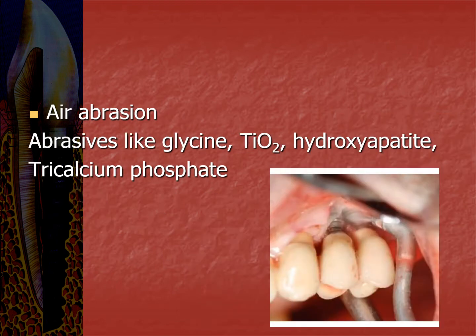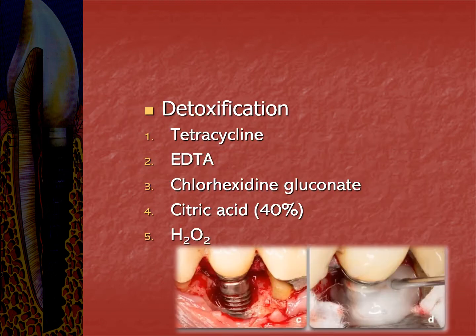This is the air abrasion technique, where abrasives like lysine, titanium dioxide, hydroxyapatite, tricalcium phosphate, etc. are used to clean and detoxify the implant surface. Studies show that cell attachment and re-osseointegration improve by around 40% after this air abrasion technique.